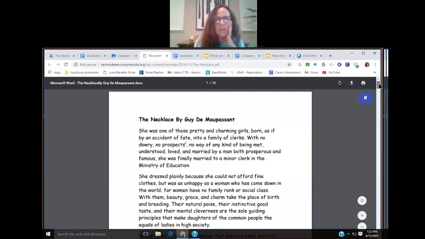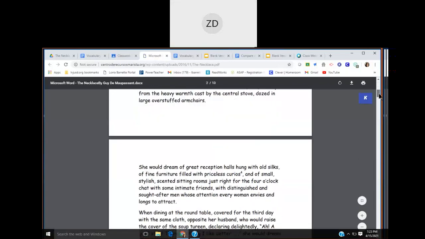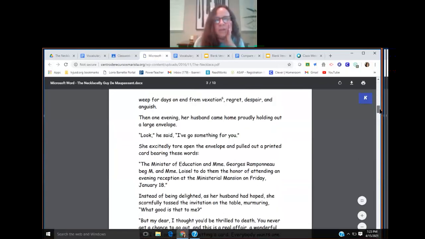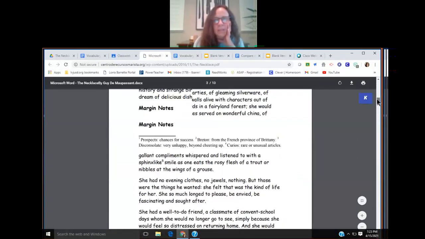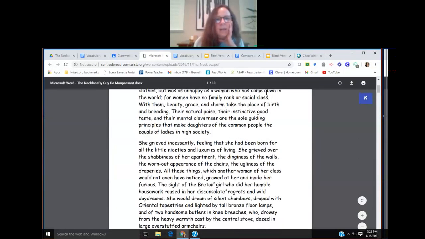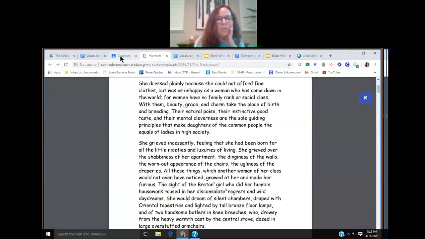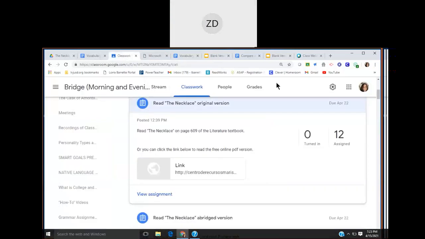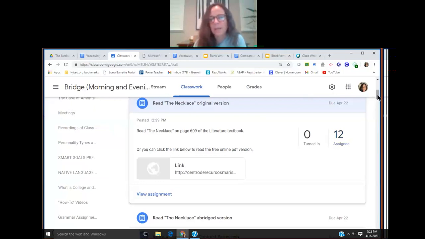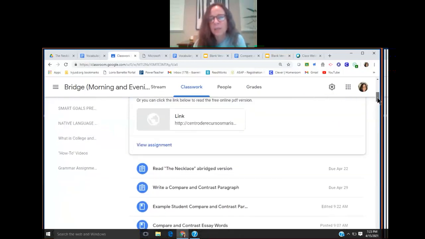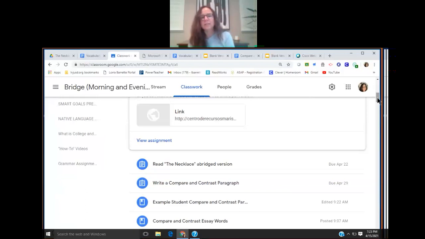So you can read it online. But I suggest that you review the vocabulary before you read it, because there is going to be a lot of vocabulary that you are not familiar with. So go through the vocabulary that is listed in our vocabulary. And then I'm also going to be posting more exercises with verb tense.